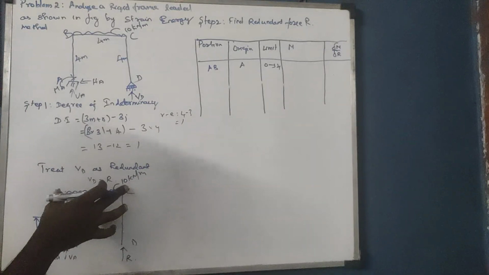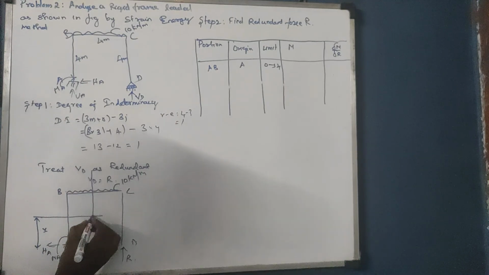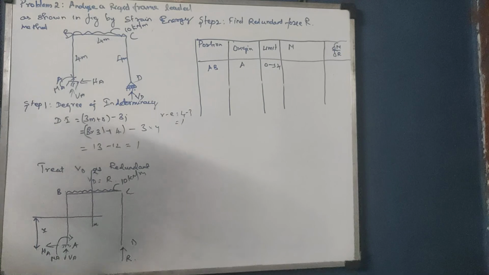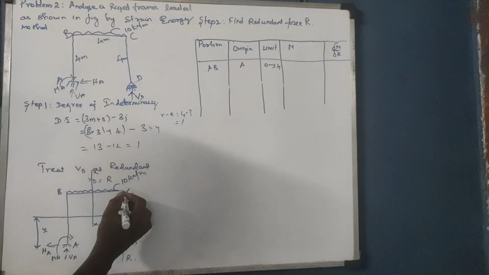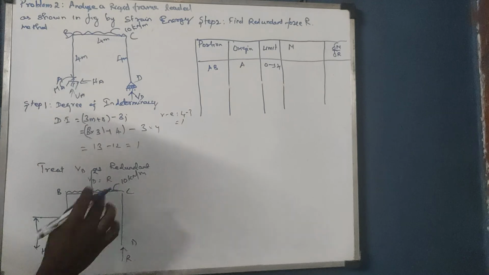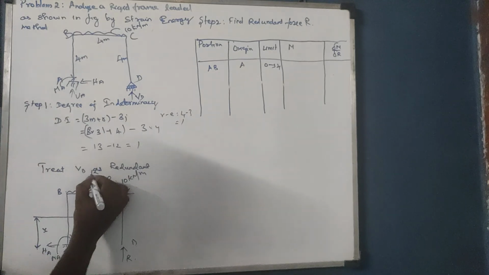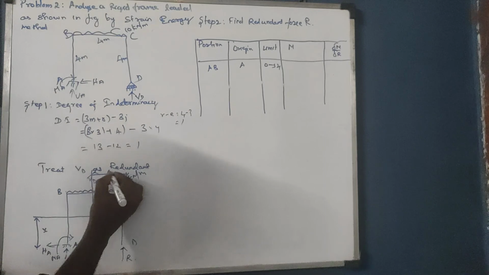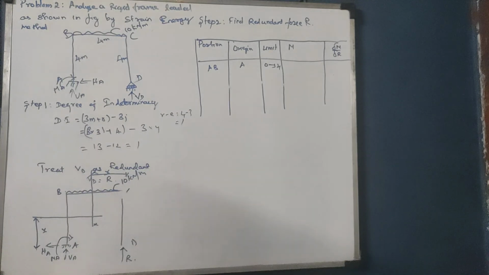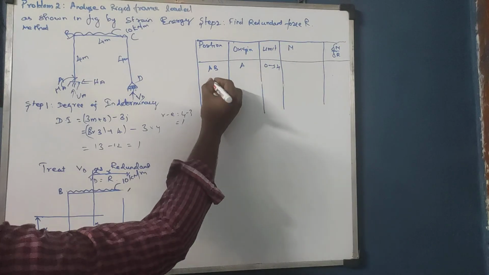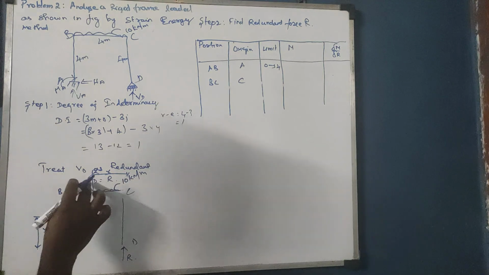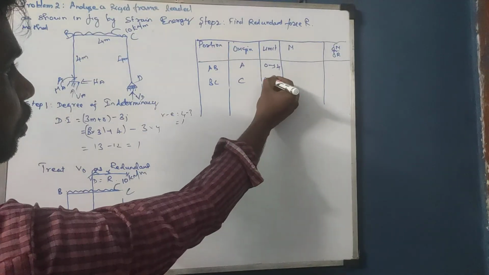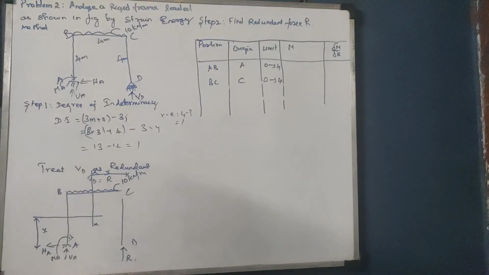And for the second portion BC, consider a section. We can choose C as origin. So from origin, X, the distance is L. Origin C, and the limit is 0 to 4.